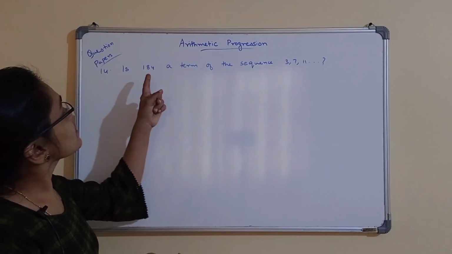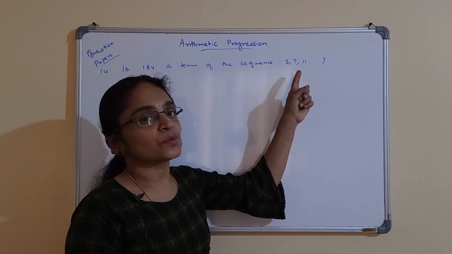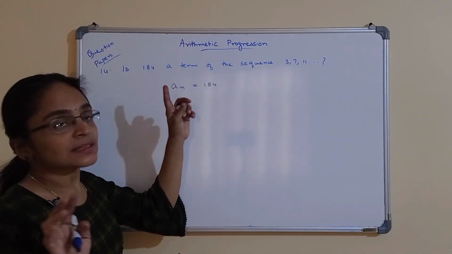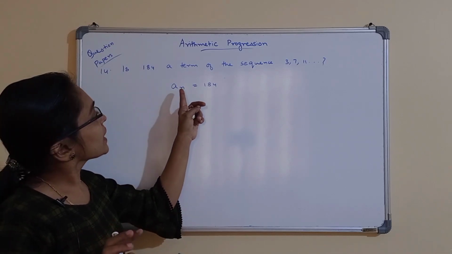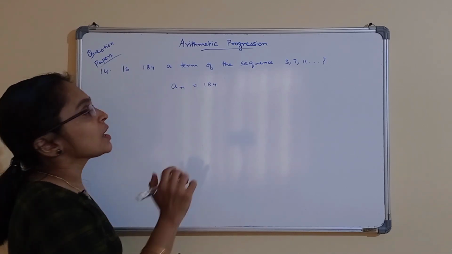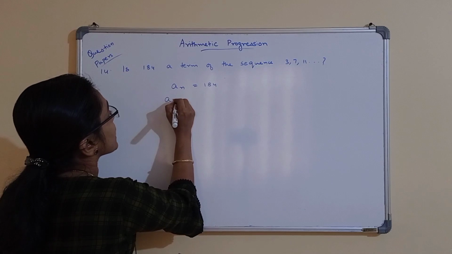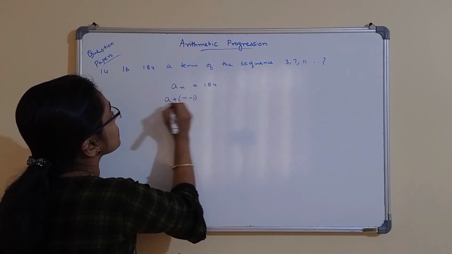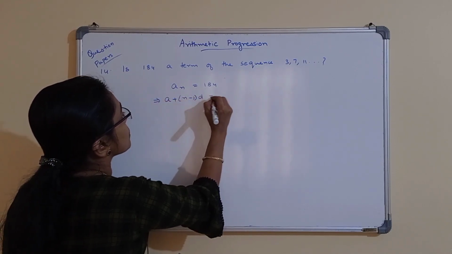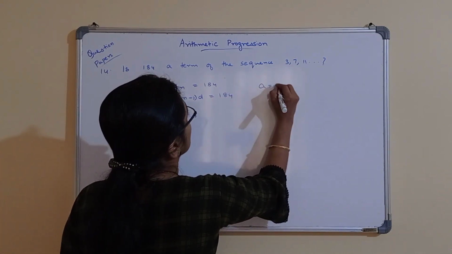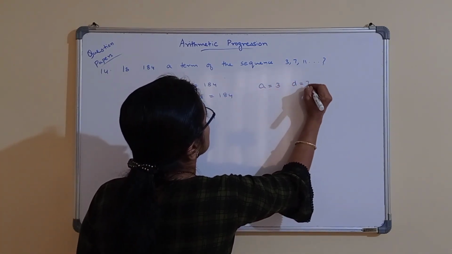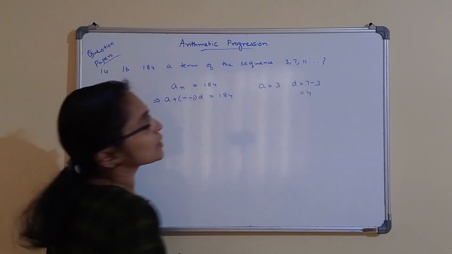Next one is, is 184 a term of the sequence 3, 7, 11, etc.? Let us consider that 184 is a term of this sequence. So An will be equal to 184. And what is An? A plus n minus 1 into D is equal to 184. And here A equals 3 and D equals 7 minus 3, which is equal to 4.